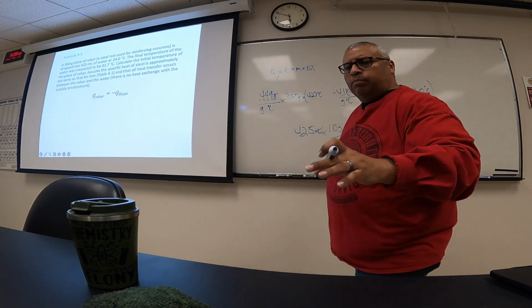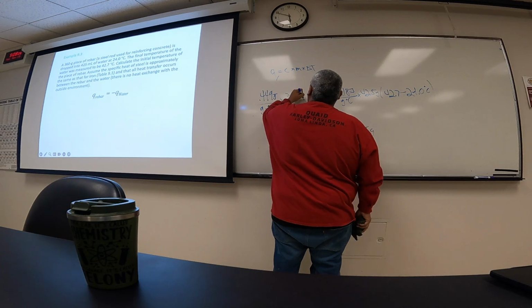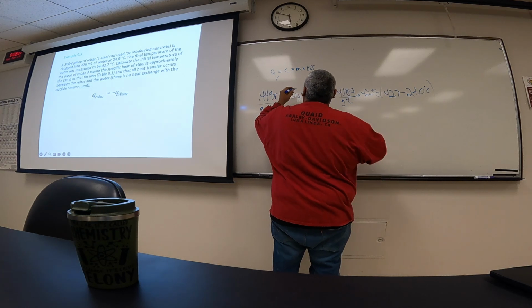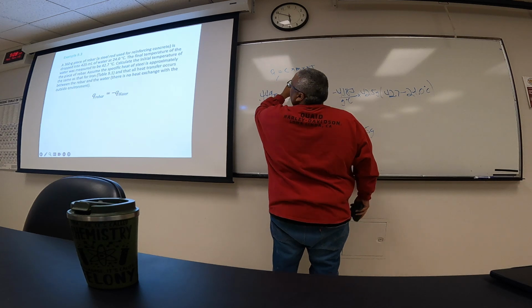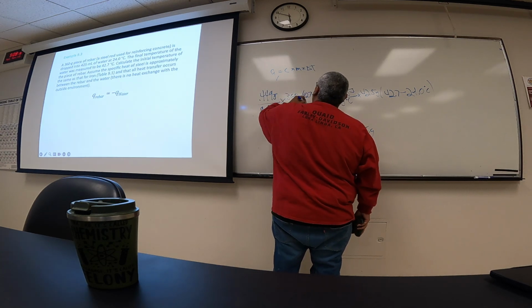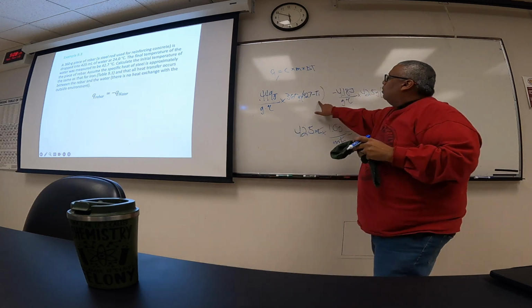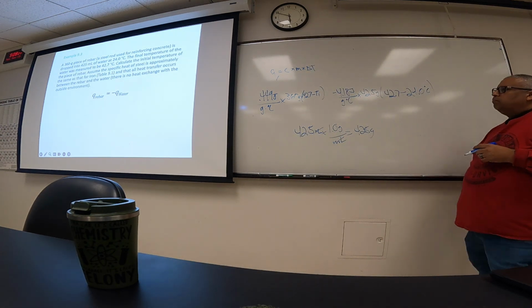I need to make a small adjustment over here. Times 42.7 minus temperature initial. There we go. This is what we're solving for. But let's go ahead and solve this first.